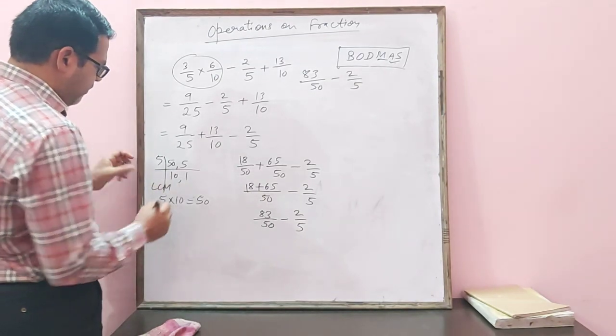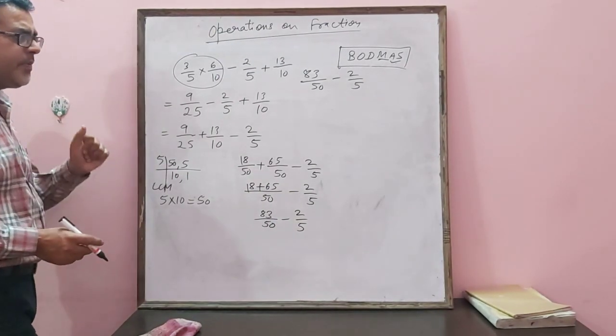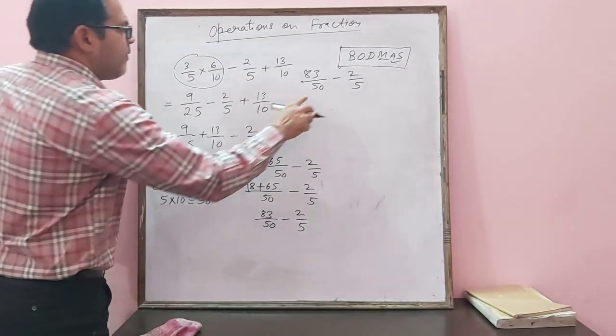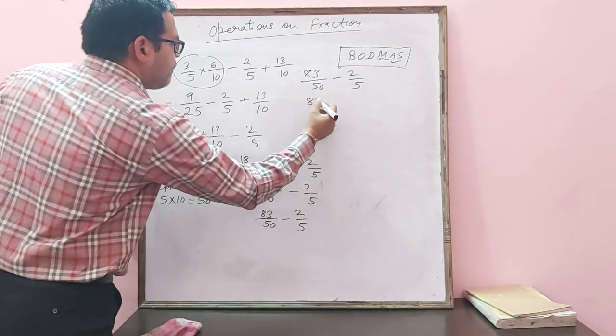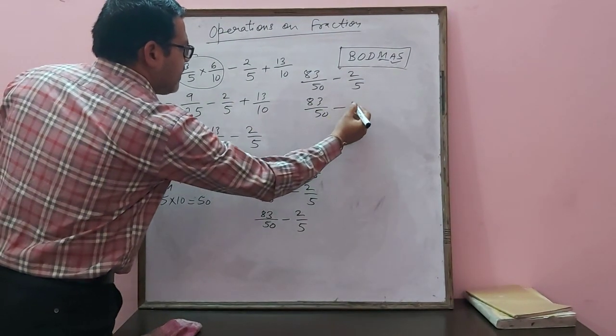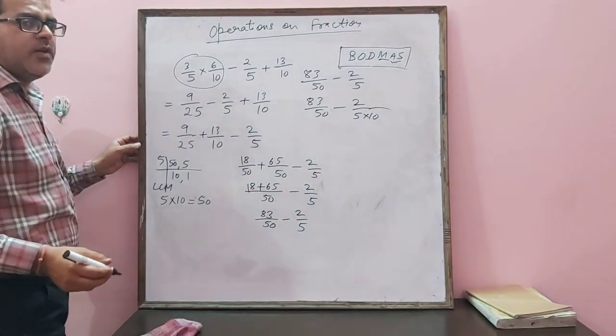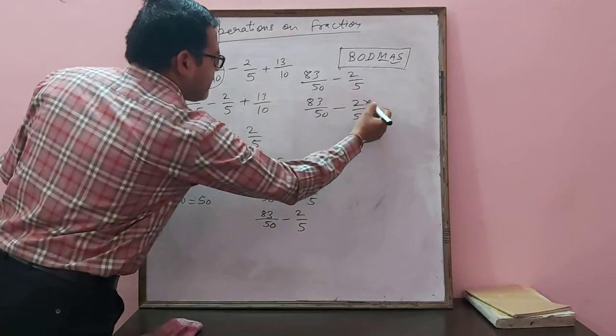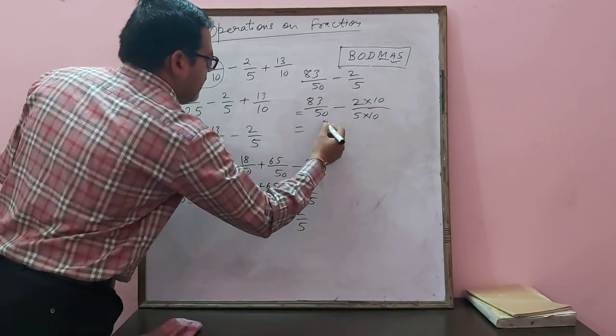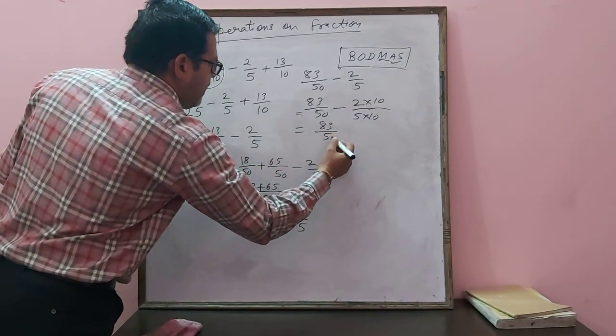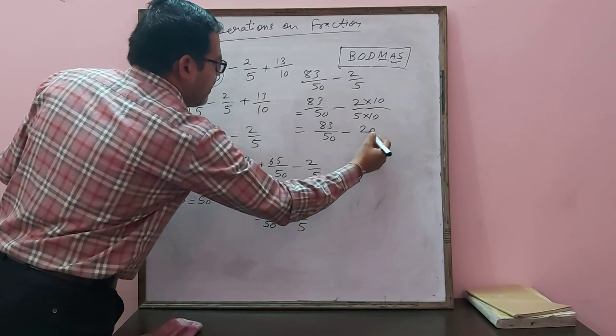LCM is 50. 5 into 10, 50. So 50 is the LCM. It means this is already 50, and if we multiply this 5 with 10, we will have 50. So on the upper side also we have to multiply by 10. Now it is 83 by 50, then minus 20 by 50.